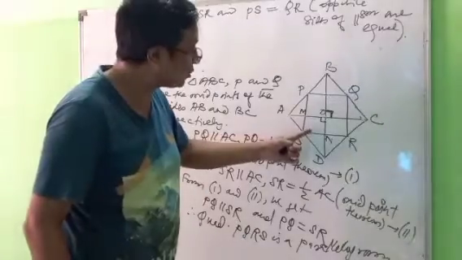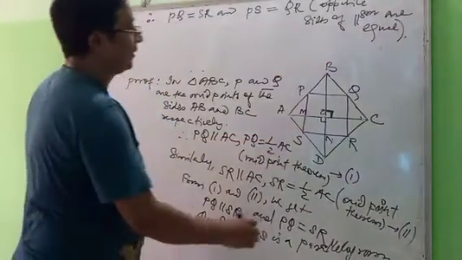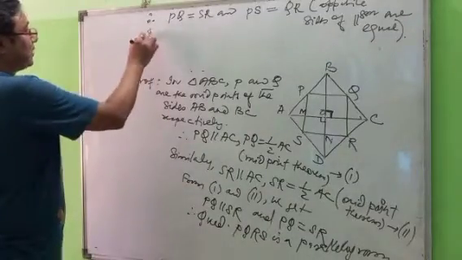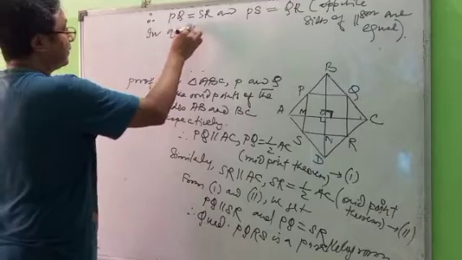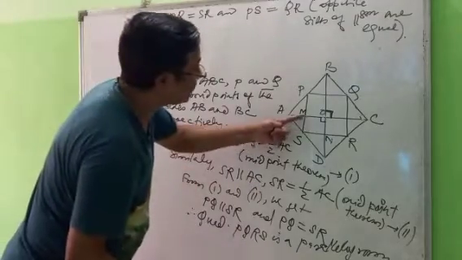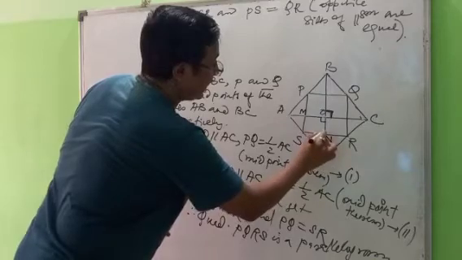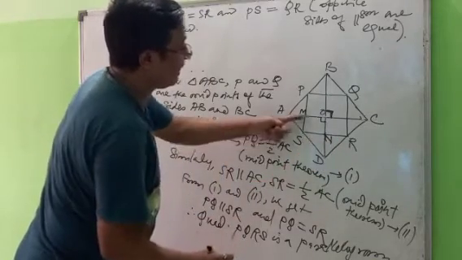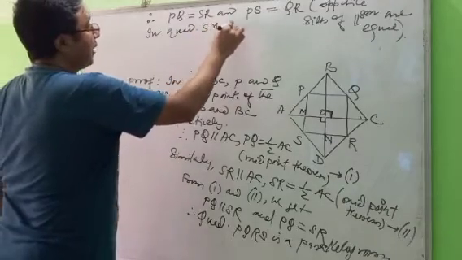At that time you will get this also as 90 degrees. So now in the quadrilateral SMON, this one is N. So SMON.